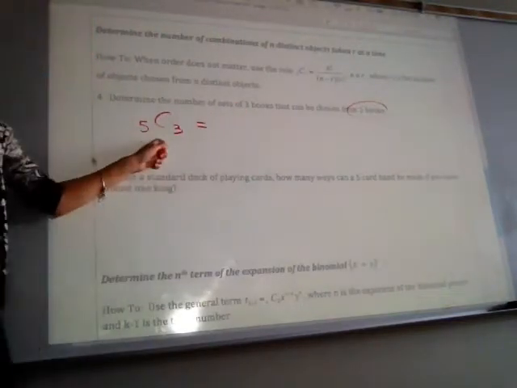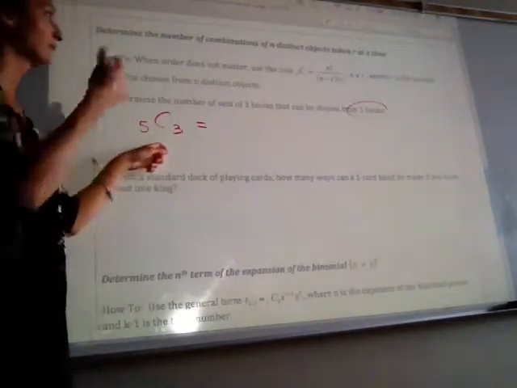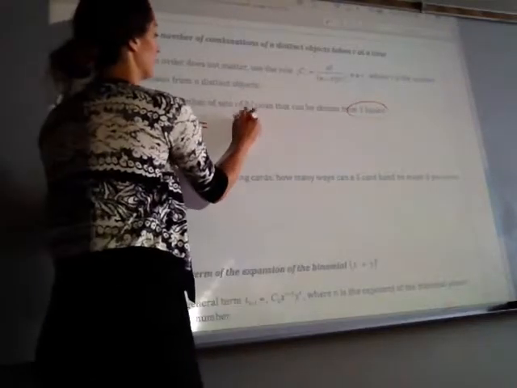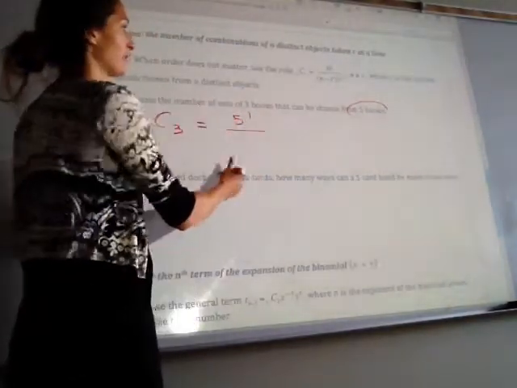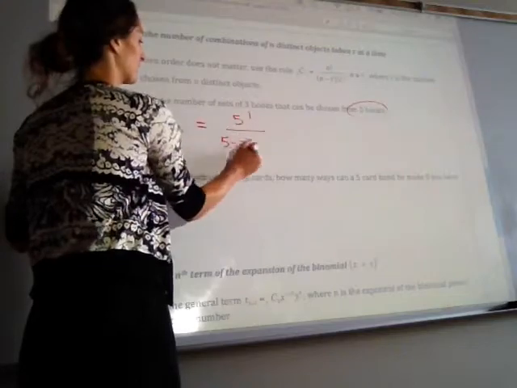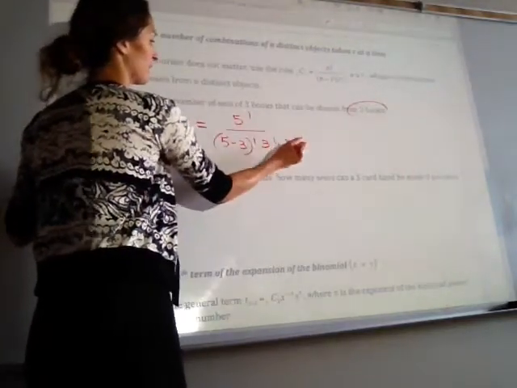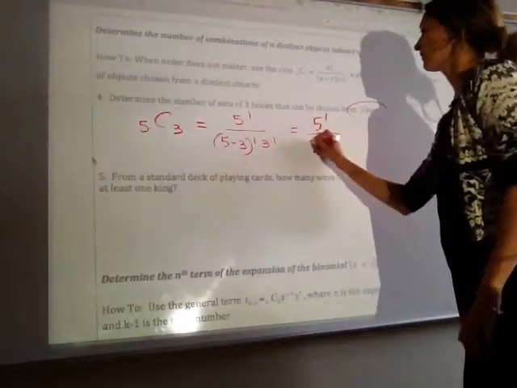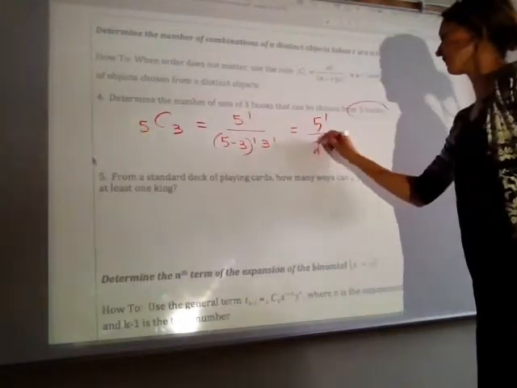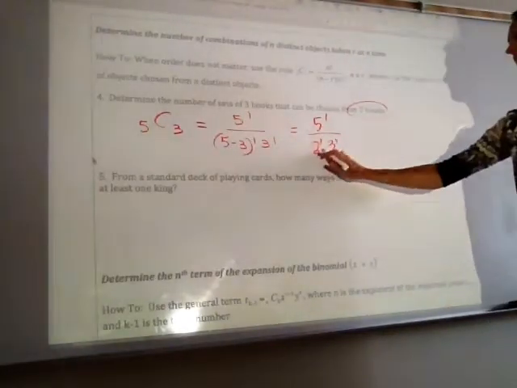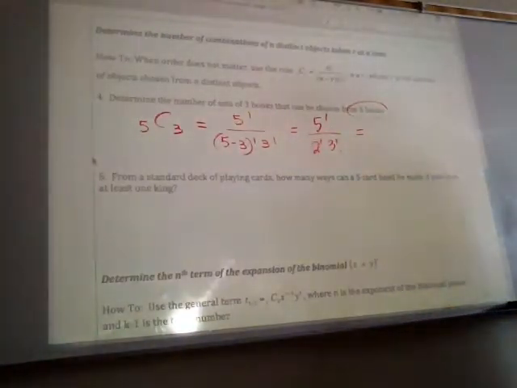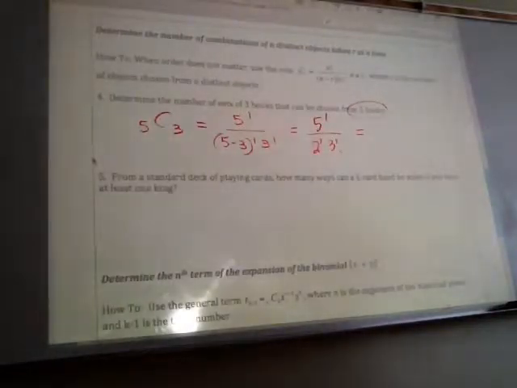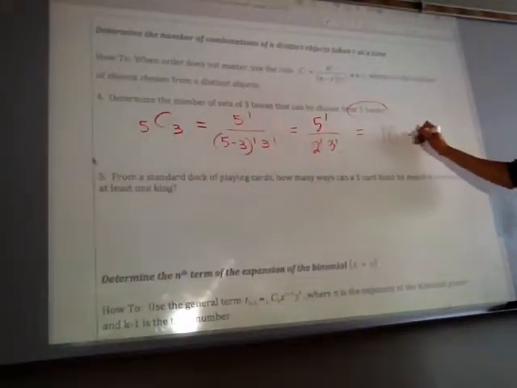So yes, we could just plug this in our calculator, but just to review the factorial notation, we'd have 5 factorial, which is n factorial, over 5 minus 3 factorial, times 3 factorial, r factorial. Okay, so we get 5 factorial over 2 factorial times 3 factorial. So, determine the number of sets of 3 books that can be chosen. How many sets? 10 sets.